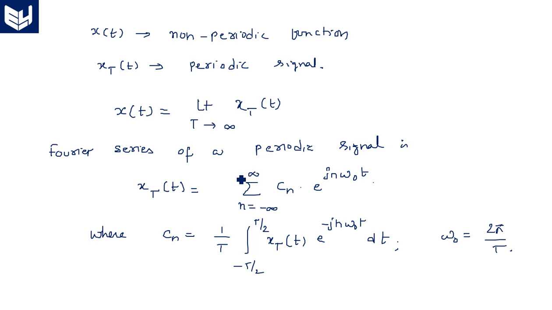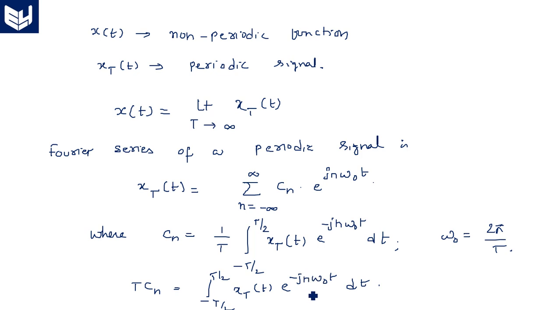Okay, now in order to simplify this and convert it into a Fourier transform, we are doing some manipulation. So take this T onto the left hand side. So T C_n we can write as integral minus T by 2 to T by 2 x_T of t e power minus j n omega naught t dt.